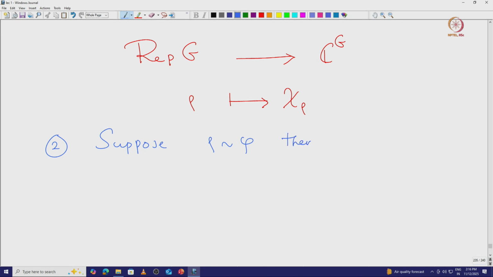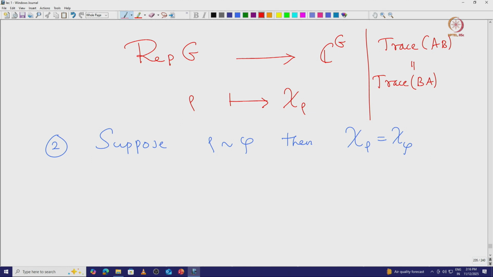Then we must have chi rho equal to chi phi. Again, this proof relies on the fact that the trace function is well behaved. Recall that the trace of AB is the same as the trace of BA.